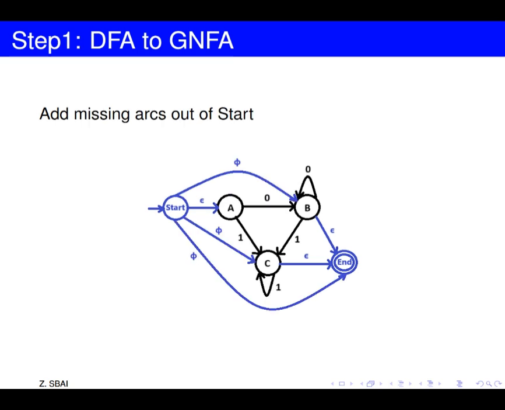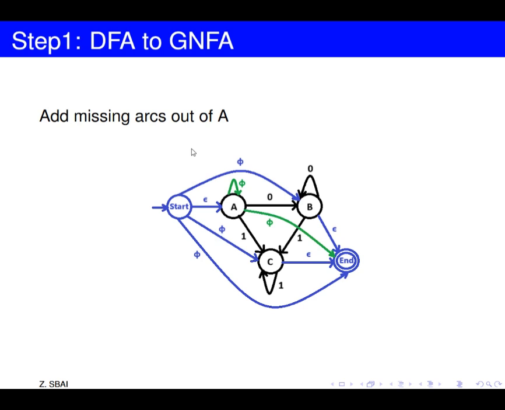Next, we will add the missing arcs out of start. Start will now have arcs to all the different states of the GNFA. The added edges will be labeled by the empty set regular expression.